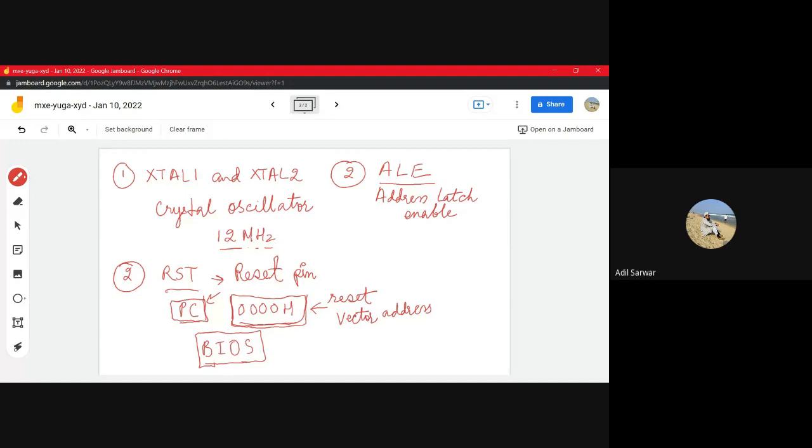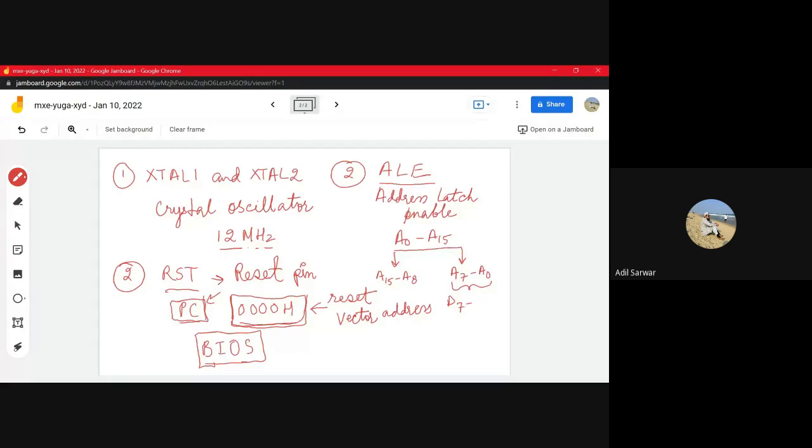So we have pins from A0 to A15. These are address bus pins, and they could be divided into higher bit pins and lower bit pins, A0 to A7.